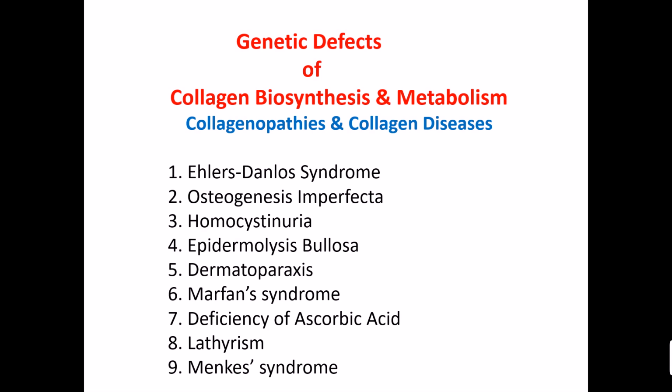Ehlers-Danlos syndrome, osteogenesis imperfecta, homocystinuria, epidermolysis bullosa, dermatosparaxis, Marfan's syndrome. These are all genetic defects and come under the heading of collagenopathies. And deficiency of ascorbic acid, lathyrism, Menkes syndrome, which is where there is a deficiency of copper, all come under collagen diseases.